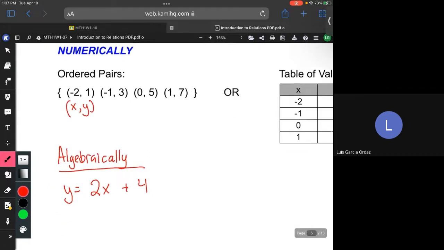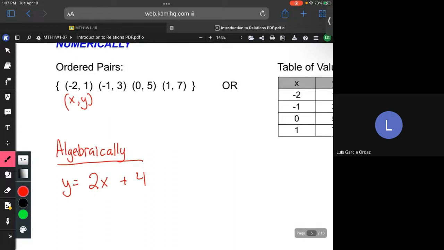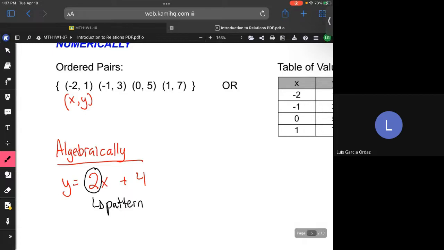Okay. So the number in front of the x is going to be your pattern. What do you think is going to be happening? What would the pattern be? This is going to tell you how much it is going to go up or down by each time.